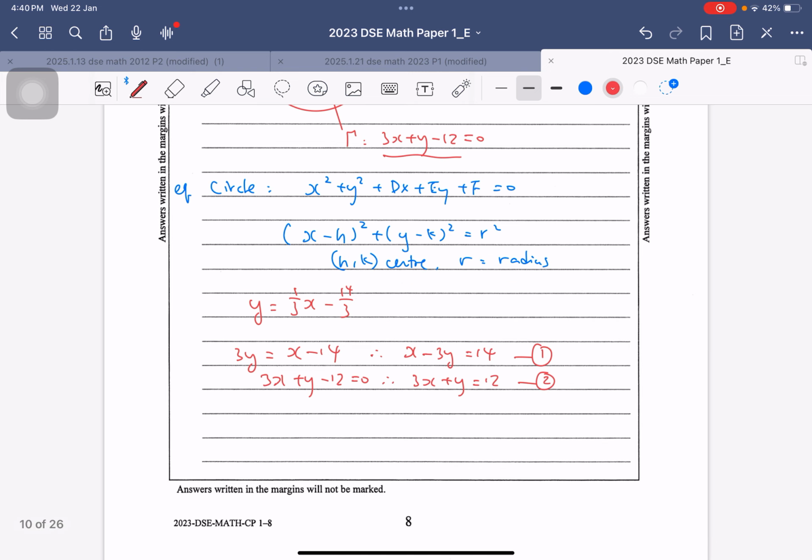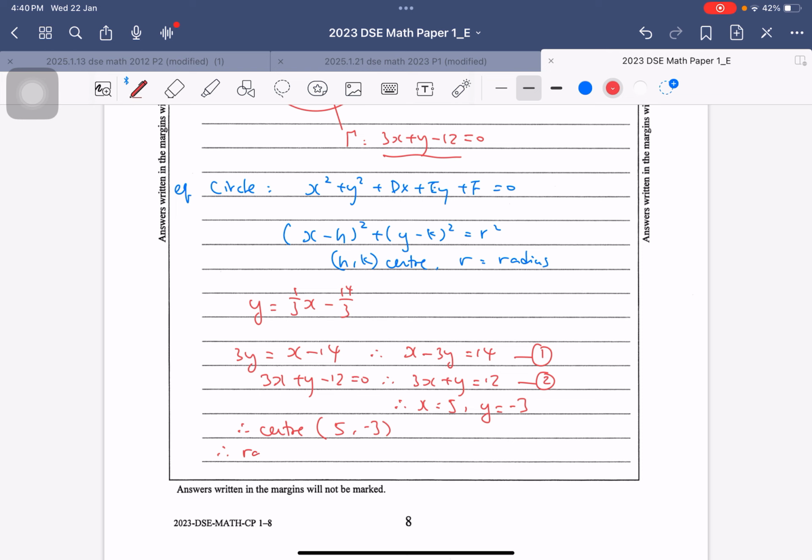Then we can use our program to solve the simultaneous equations in two unknowns. We enter 1, -3, 14, 3, 1, and 12. We get x = 5 and y = -3, so the center is (5, -3).